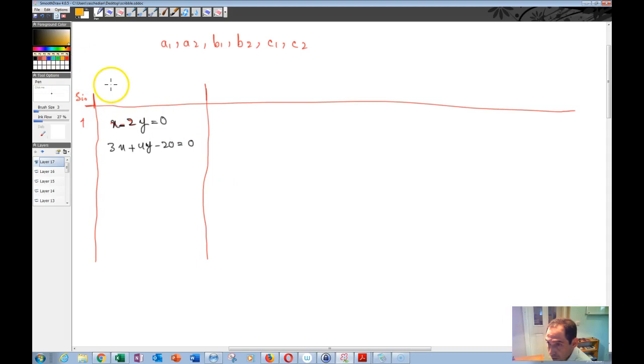These are the equations, and then we had a1 to a2, b1 to b2, c1 to c2, and then we had the comparison of these ratios.